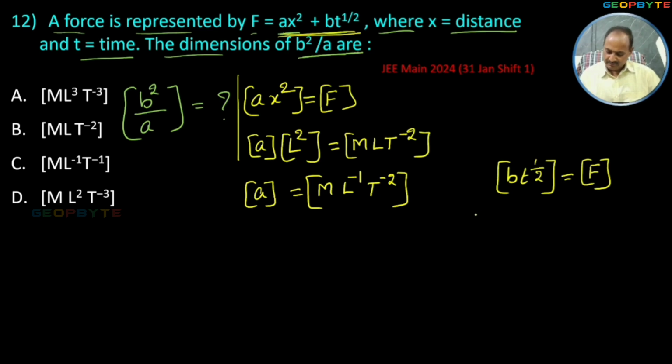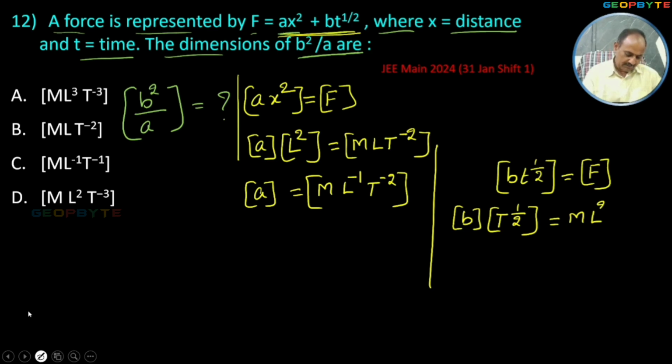Similarly for B dimensional formula, into t power 1 by 2 is equal to force dimensional formula M L T power minus 2. Now you simplify it.